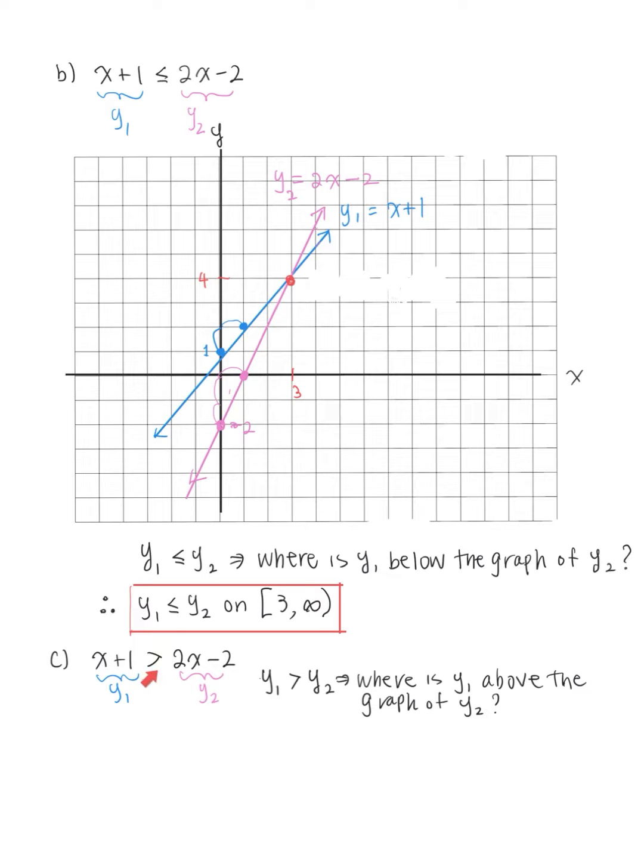However, we have a strict inequality here, so our answer is going to be negative infinity to 3 open. So let me just write it. So y1 is strictly greater than y2 on negative infinity to 3 open.